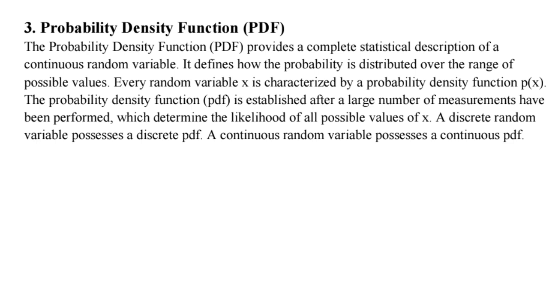The probability density function is established after a large number of measurements have been performed. So how can we determine this probability density function? We should remember one concept, the maximum likelihood function. For example, if you want to take some survey, the option that the maximum number of people voted for is the maximum likelihood.